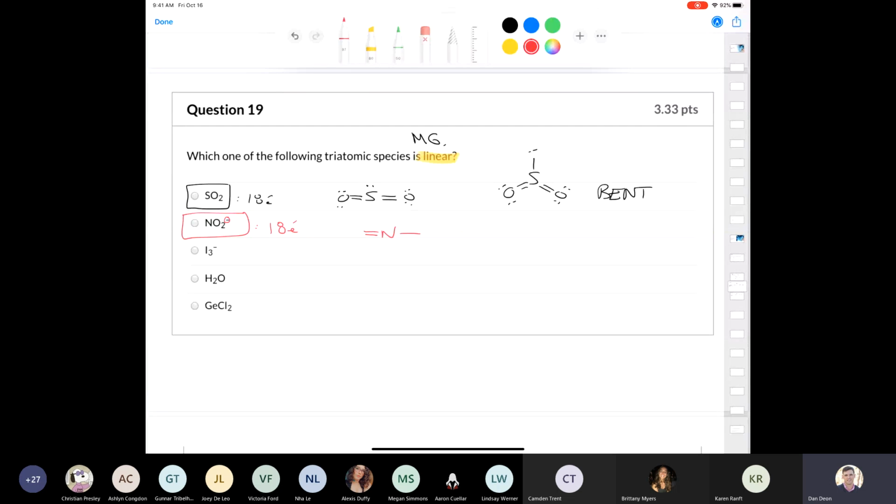Now, since we've only got 2 other atoms, I'm going to have a double bond to one of them and a single bond to one of them. And I'm going to put my lone pair like this. Now, how many electrons have I used up? 1, 2, 3, 4, 5, 6, 7, 8. I know I've got to have a lone pair on this oxygen to give it a formal charge of 0.